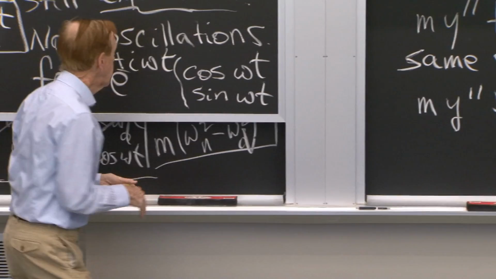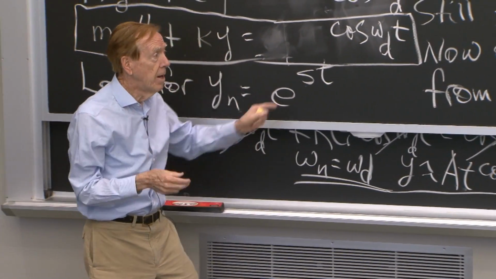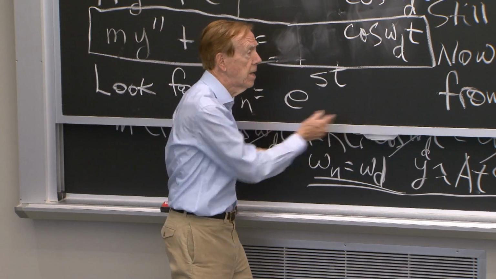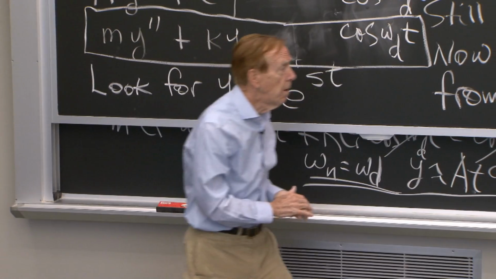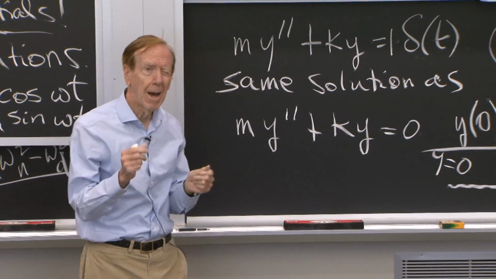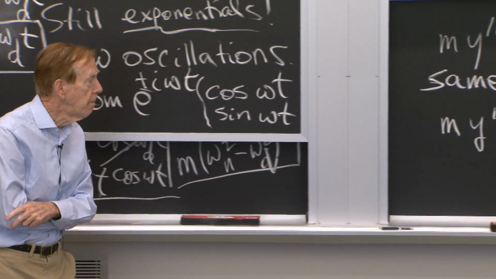Over here, I could solve when I had a very happy, perfect f of t, where I could guess the answer and push through. Now, with a delta, I can build everything out of delta functions. That's why I like it mathematically.